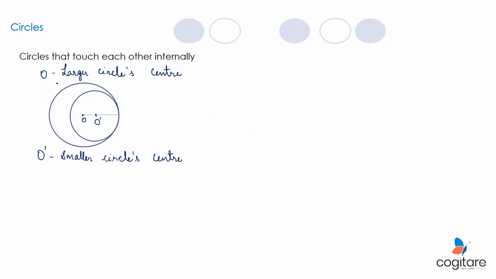So the circles touch each other internally. O is the center of the larger circle. O dash is the center of the smaller circle. In this case, what we are interested to find out is the distance between their centers, right, guys?